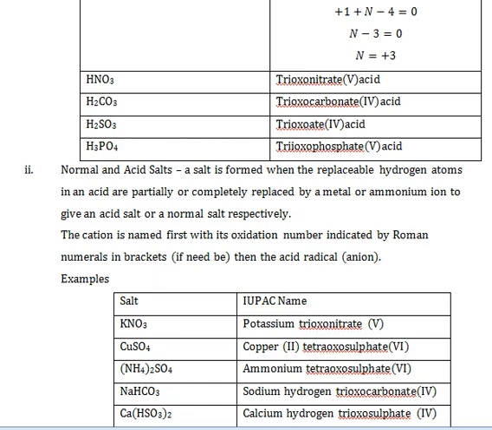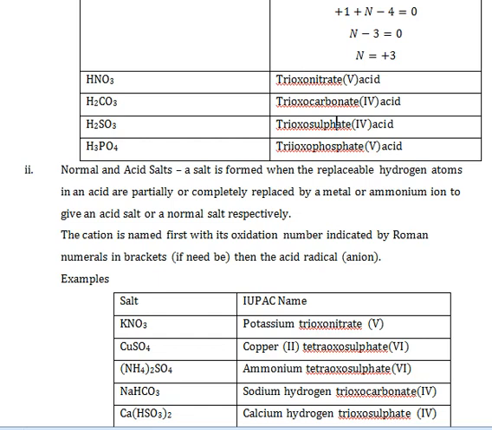So you call that what? Sulfate for sulfur. So that is trioxo for the O3 that ends the compound. Sulfate for S. Then the oxidation state of sulfur there is going to give us +4. Then you end it with acid.